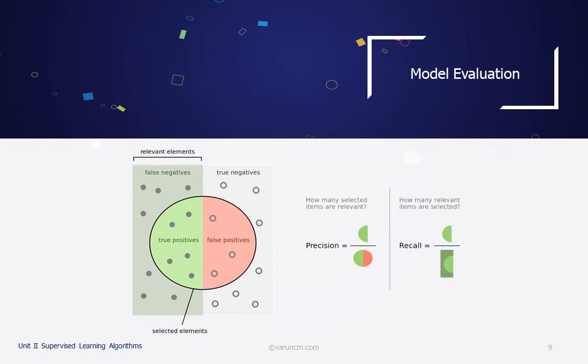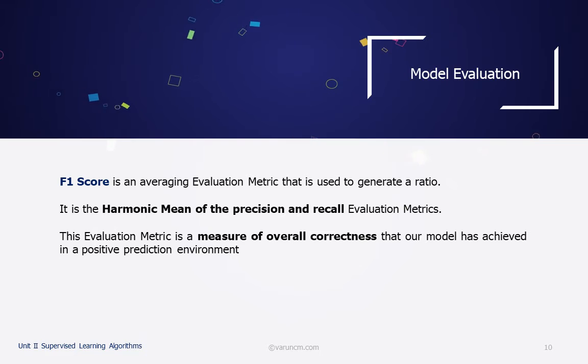With this we can move to the next evaluation metric, that is F1 score. This is one of the most important evaluation metrics in machine learning that we want to mention specifically, and it is the weighted average of the precision and recall.